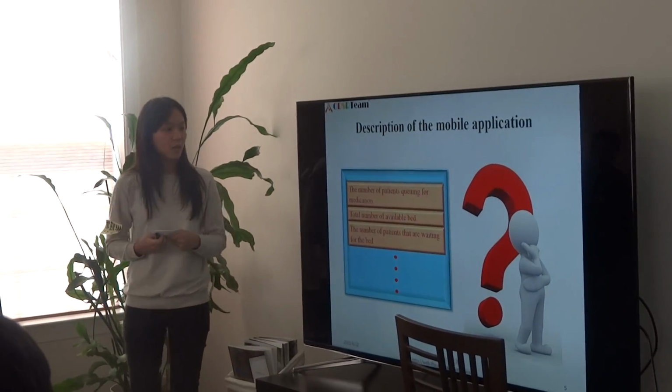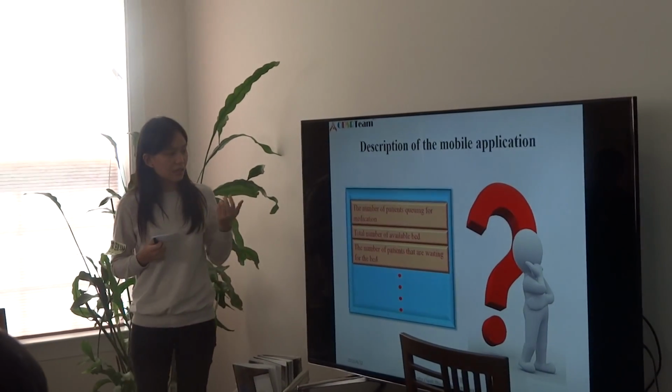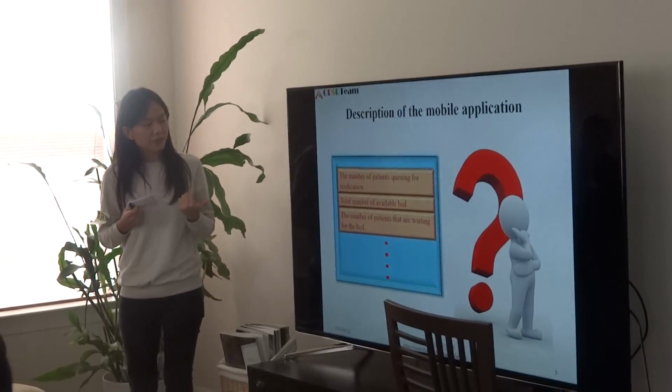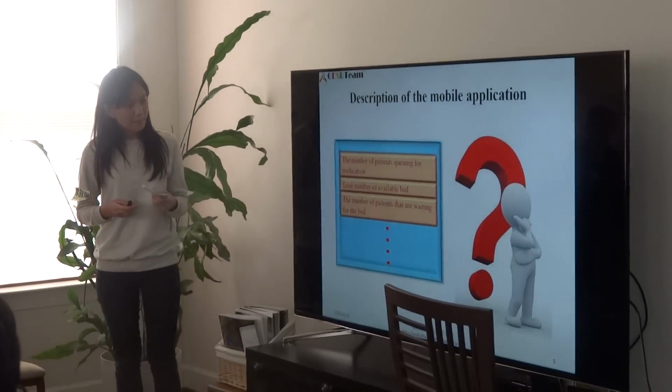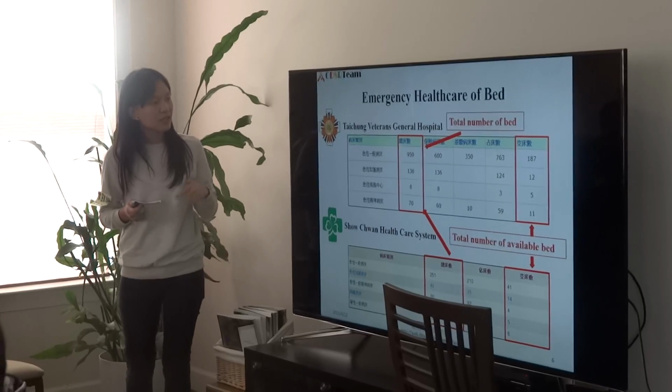But nowadays in Taiwan, the government has already provided some information, like the number of patients queuing for medication, the total number of available beds, and the number of patients waiting for a bed. These are the websites from each hospital in Taiwan.